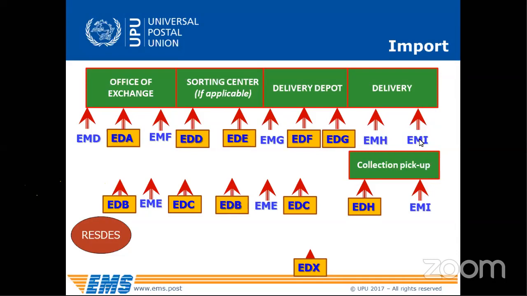Those that are compulsory for us at the post offices are event A, which I mentioned, for outbound items, and for inbound items, events G, H, and I. Though we have few events to perform at our various offices, they are very important, mandatory events.